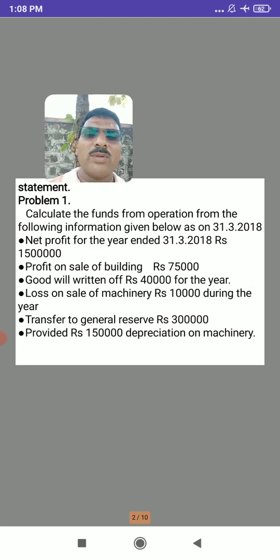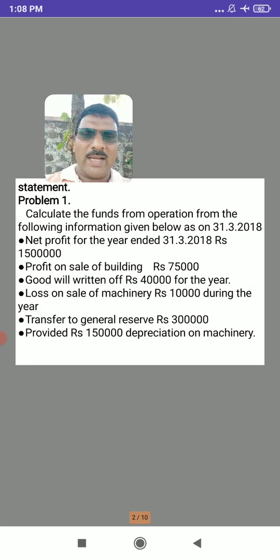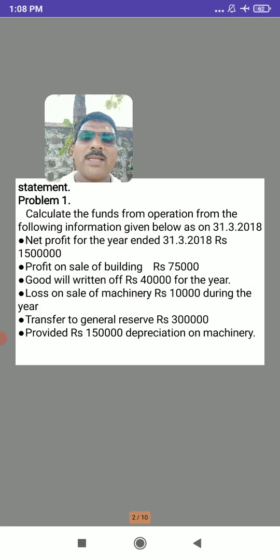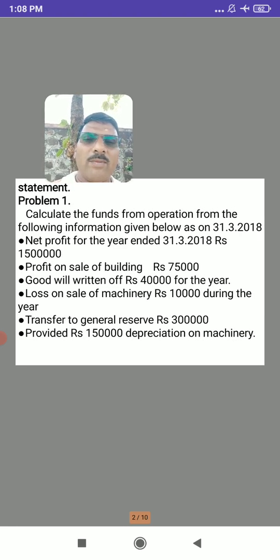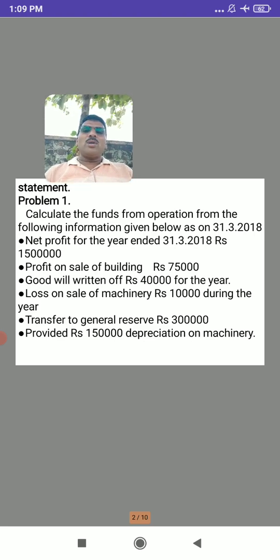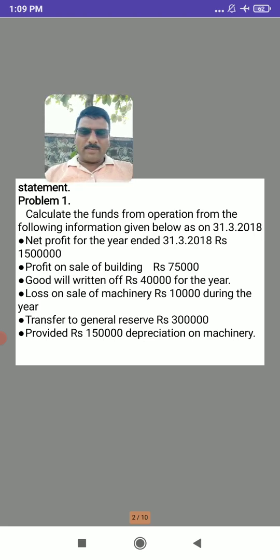First of all, we have to prepare the statement to find out funds from operation, considering this information. We know already how the funds from operation is calculated. First we consider the net profit as per the P&L, and to that net profit we add all non-operating expenses.